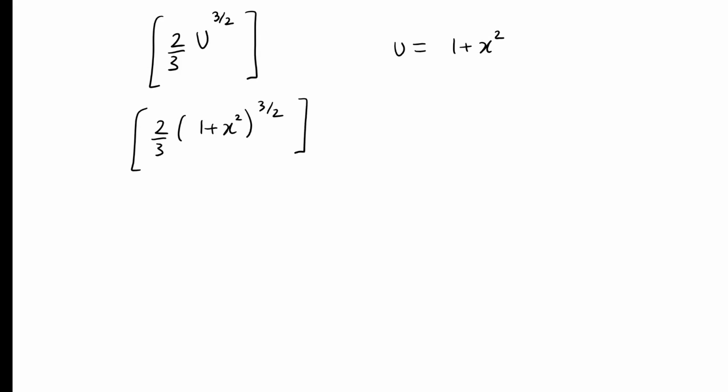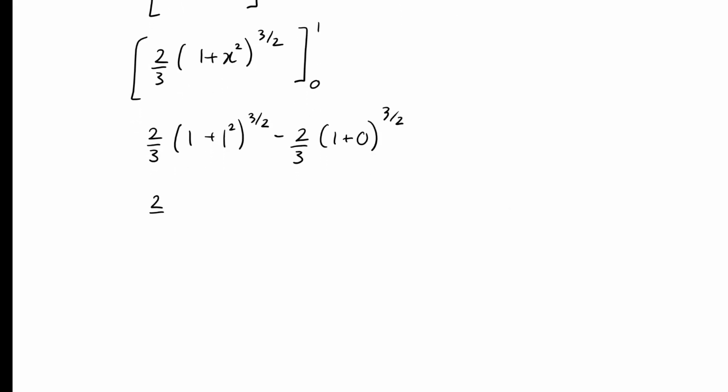Then we can reinstate the x limits. So it's taken between 0 and 1. 2/3 1 plus 1 squared to the power of 3 over 2 minus 2/3 1 plus 0 to the power of 3 over 2.